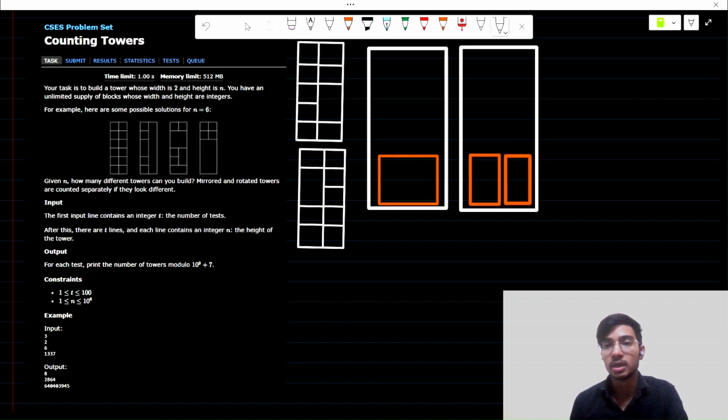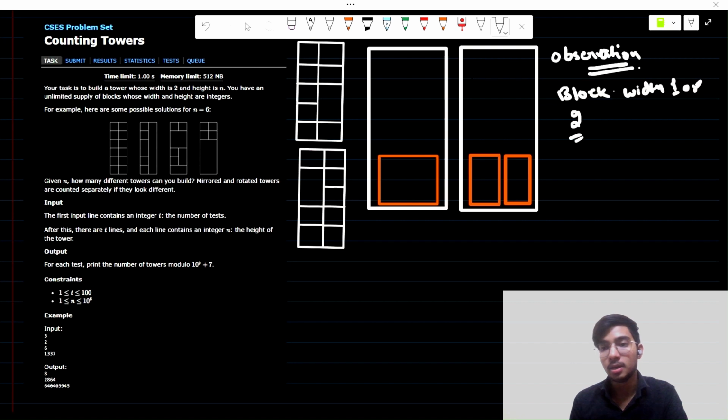So there are some observations that I can make. You can choose a block of width 1 or 2, and you can extend it up to height n.